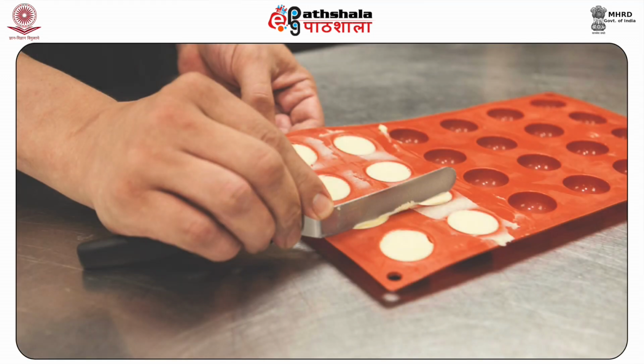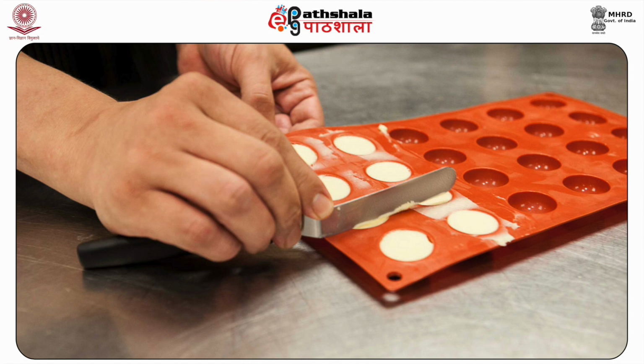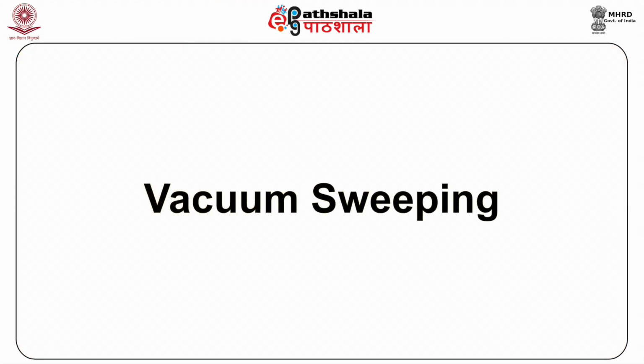Scraping. Tools like a clean spatula are used to remove the trace material from an item and placed on a clean paper which is immediately sealed to avoid sample loss. This is usually conducted in the laboratory to avoid the risk of contamination. Vacuum sweeping.